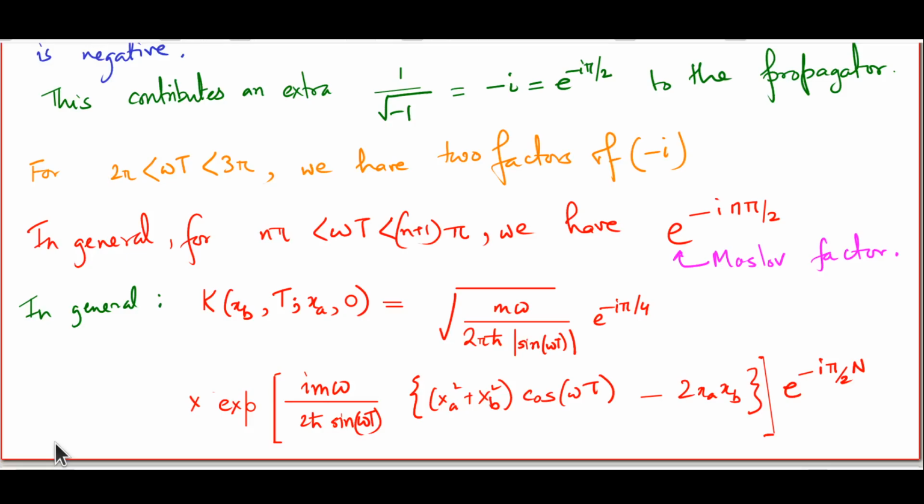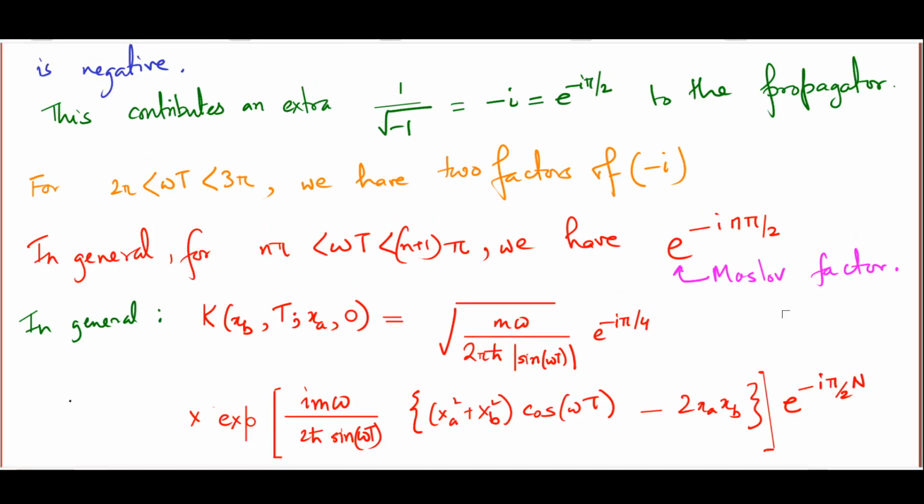Are you going to get i or minus i? That's not really very obvious. Also, I've claimed that you're going to get minus i from each of the crossings, but it could very well have happened that you get minus i from one crossing and plus i from another. So in order to completely justify the Maslov factor, we would have to look at this more rigorously.